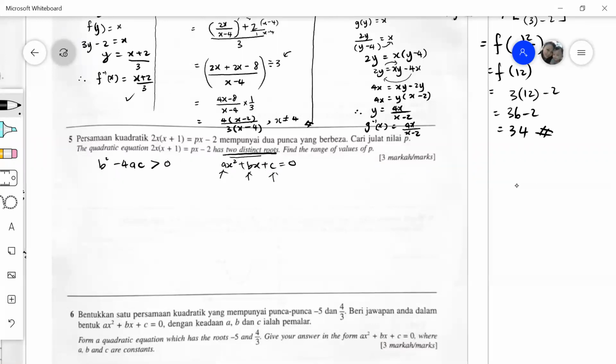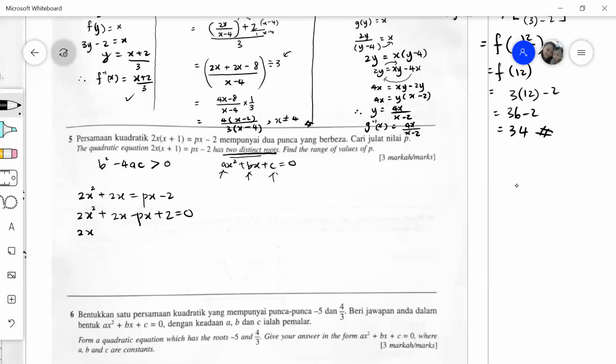So let's expand the bracket. So we will have 2x squared plus 2x equals px minus 2. Okay, rearrange: 2x squared plus 2x minus px plus 2 equals 0.